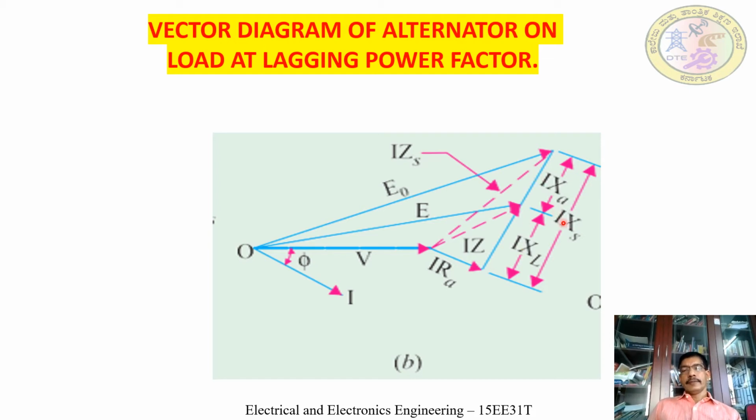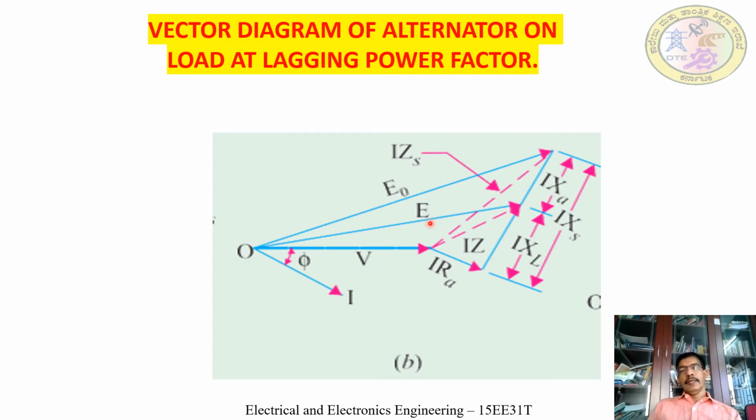IXL plus IXA sum is IXS. Here total voltage E naught is given by the vector sum of V plus IRA plus IXS. Similarly, if you subtract IXA from E naught, we will get the voltage E.